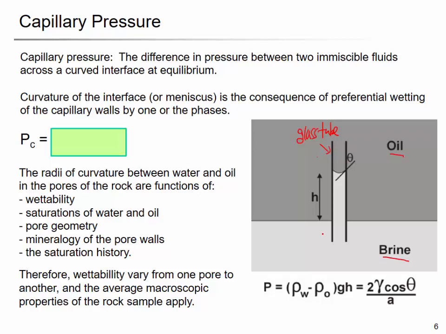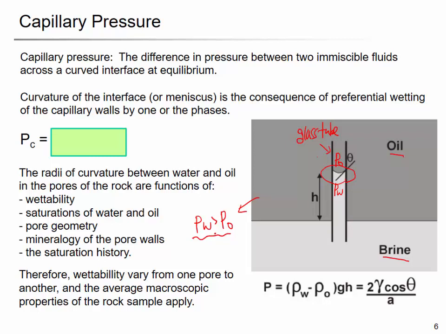So across here, you have a pressure of the water and a pressure of the oil, and which one is bigger? Across this meniscus, the water pressure is bigger than the oil pressure. And the difference between these two values is called the capillary pressure.